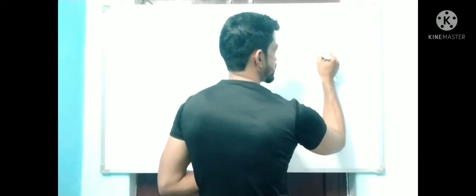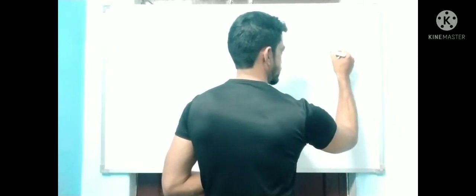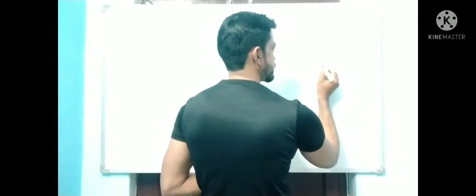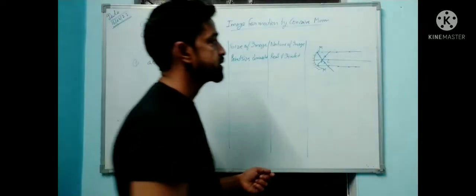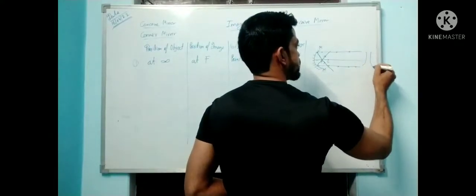After the reflection, rays pass through the focus and intersect here, so your image is formed here. ये समझा जाए कि infinity से आया है, very large places.